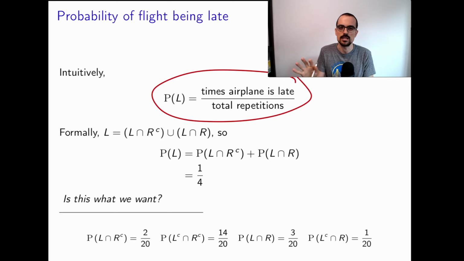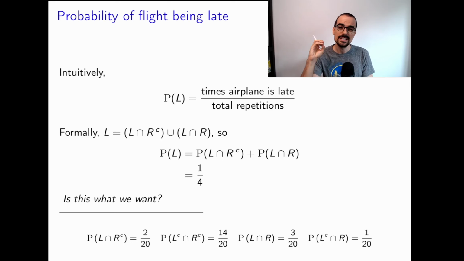Whenever I ask a question, I really encourage you to press pause and think a little bit about it. Okay, so we're saying that we're only interested in cases when it rains. We're only interested in the outcomes when it rains. So it doesn't make sense to consider all the total repetitions, right? We should only consider the number of times that it rains, right?